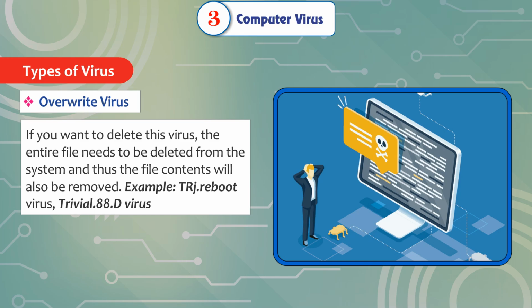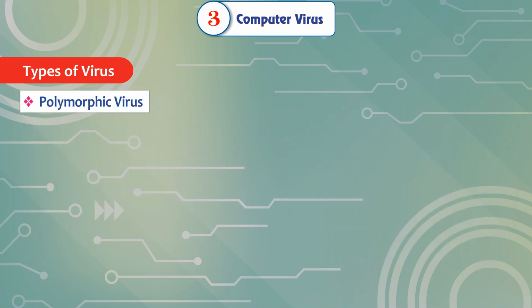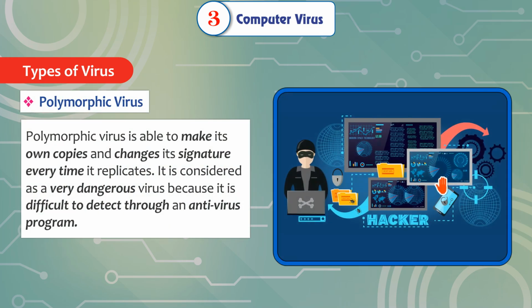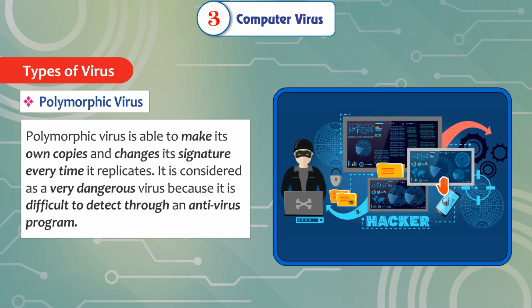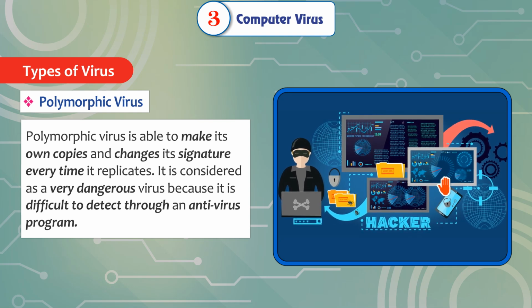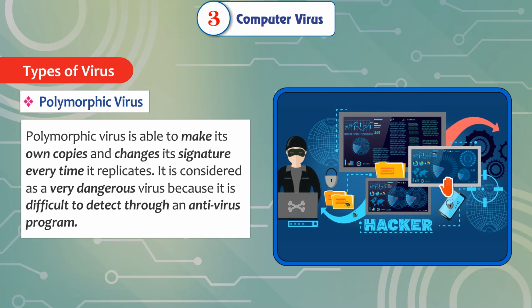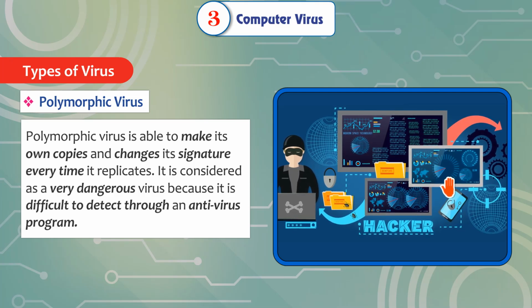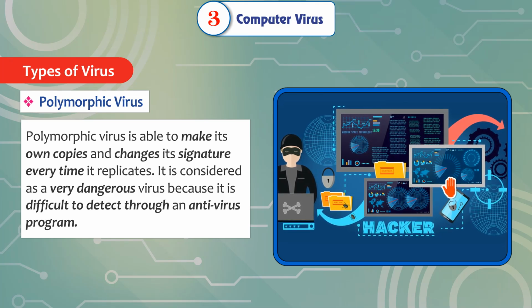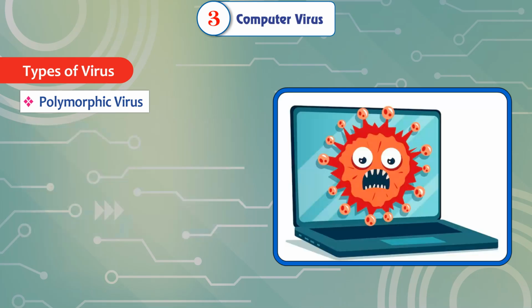Example: TRJ, reboot virus, trivial .88, dvirus. Polymorphic virus. Polymorphic virus is able to make its own copies and changes its signature every time it replicates. It is considered a very dangerous virus because it is difficult to detect through an antivirus program.